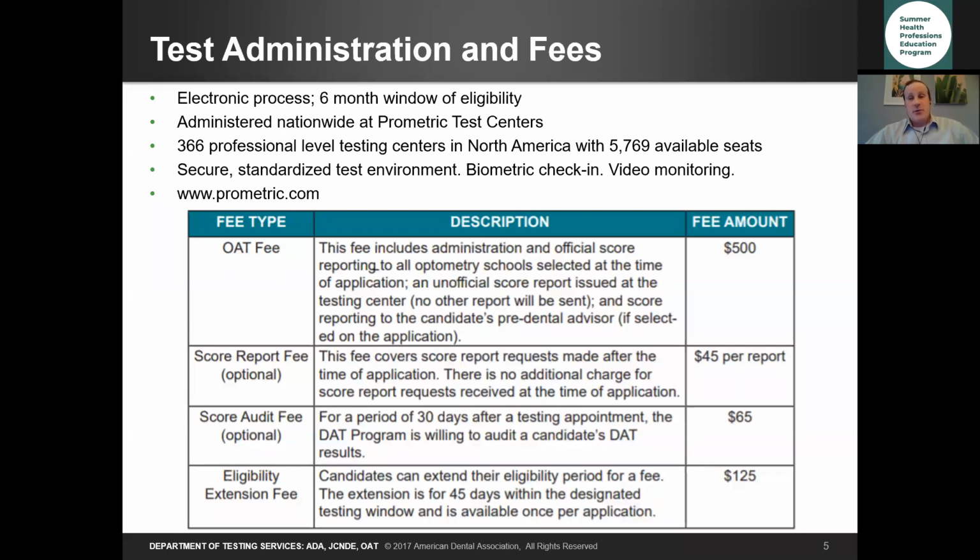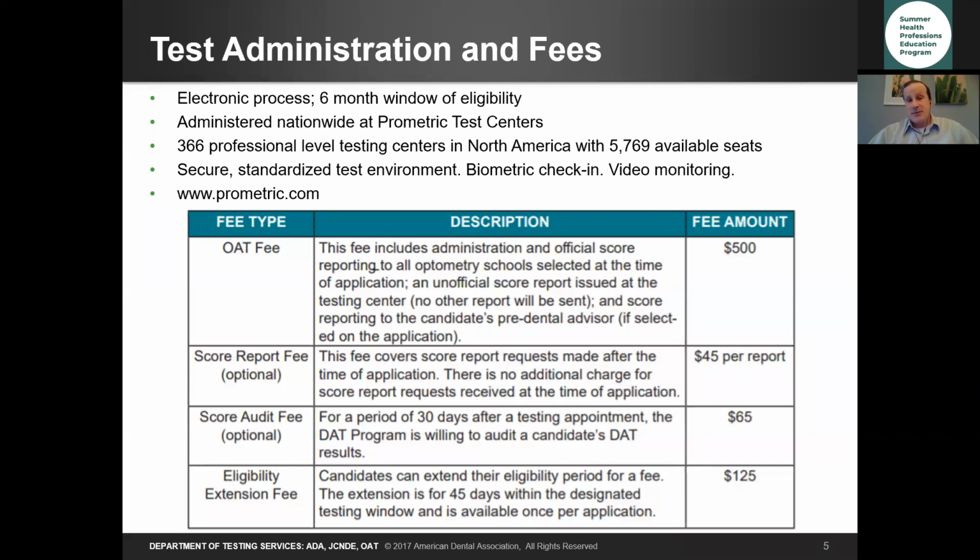There is also video monitoring, both of where you check in to take the test, as well as the testing station that you're seated at while you test the whole time. I bring this up just so that people are aware, one, that they are being watched for test security purposes at all times.